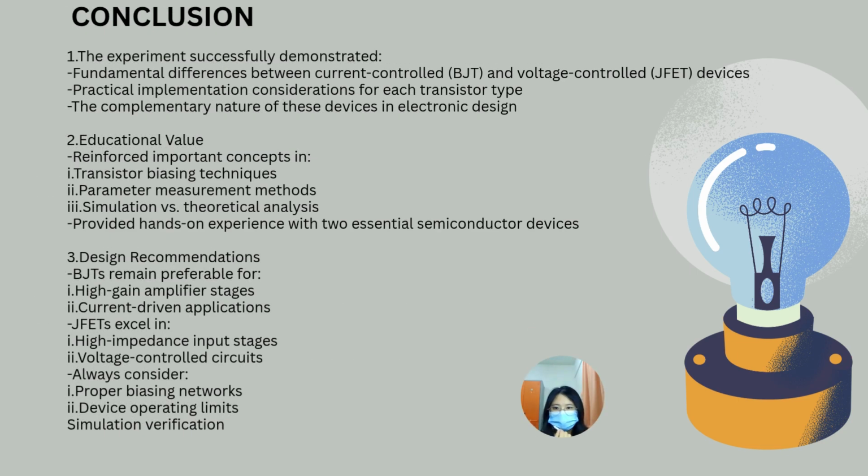Conclusion. The experiment successfully demonstrated fundamental differences between current control BJT and voltage control JFET devices, practical implementation considerations for each transistor type, the complementary nature of these devices in electronic design, and then the educational value.